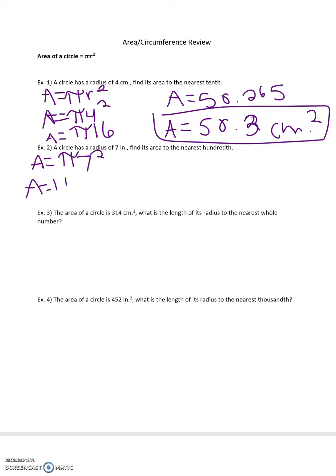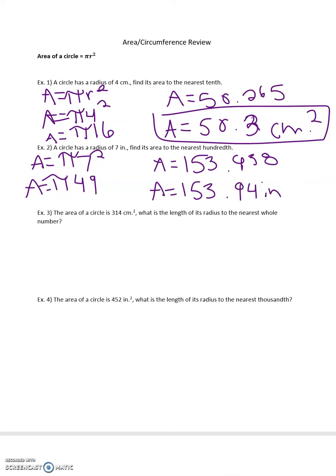So that's pi times 49. Pi times 49 is approximately 153.938. We're rounding that to the nearest hundredth, so that's 153.94 inches squared.